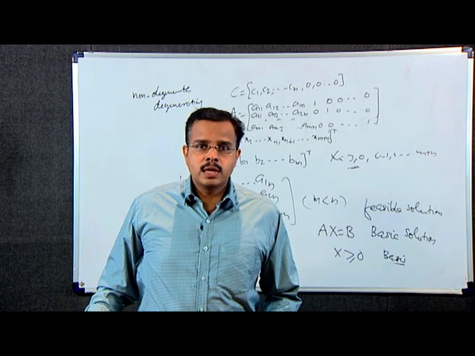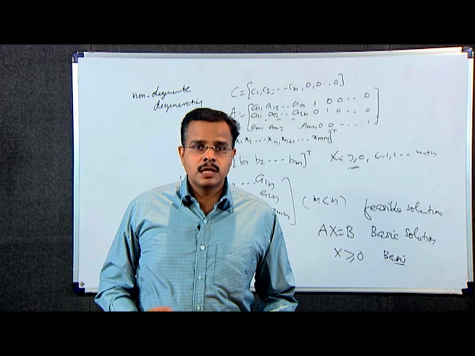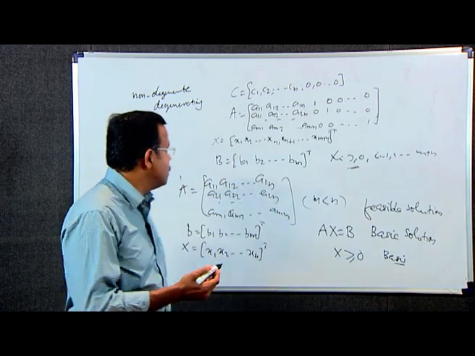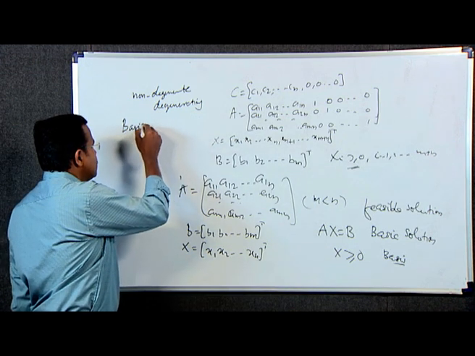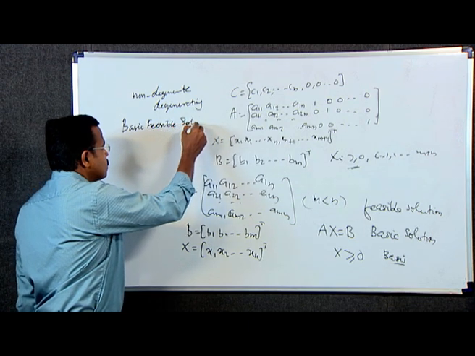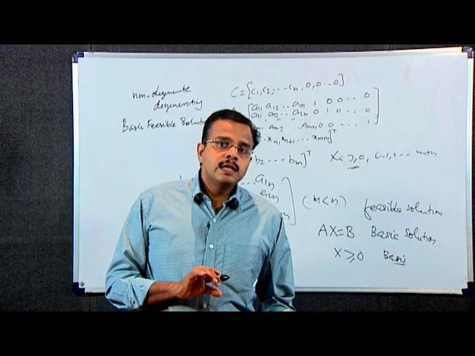In a basic solution, if all values of xj's are greater than or equal to 0, then the solution is called a basic feasible solution.